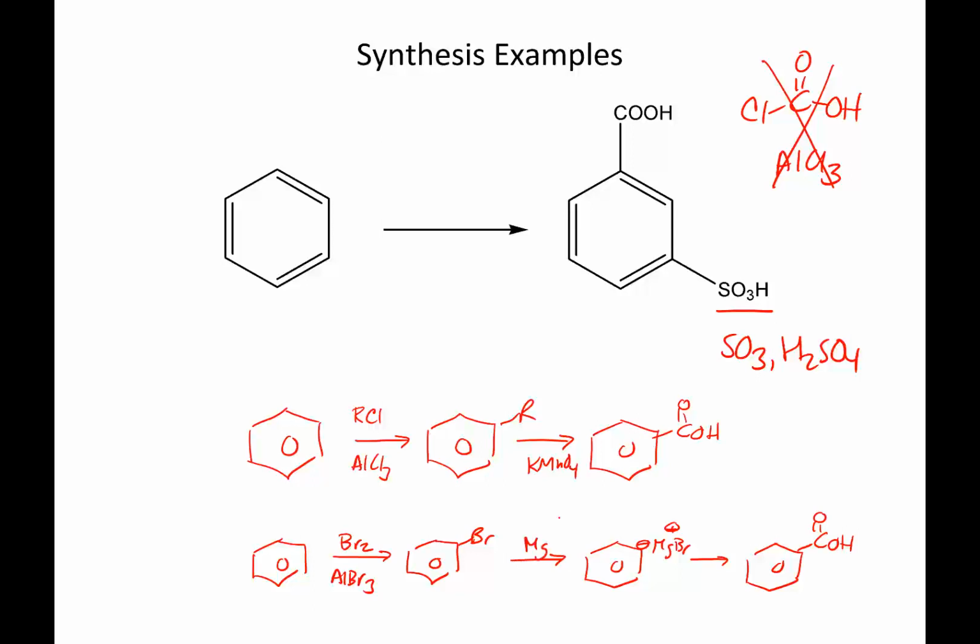Okay, so we add magnesium to make the Grignard. Nicole, do you remember what we add to a Grignard to make a carboxylic acid? They left you the toughest one.